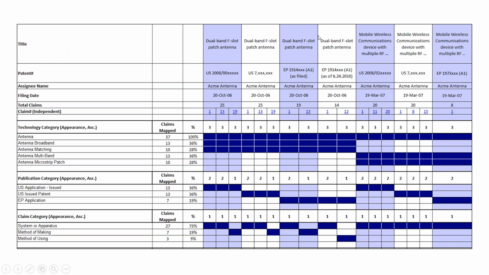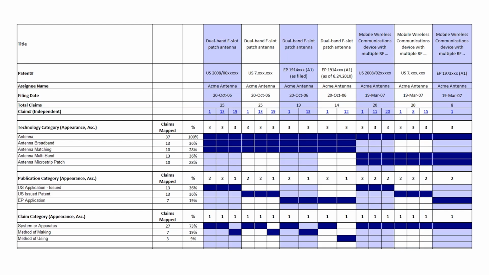All right, so let's take a look at some specific examples of that kind of broad level claim analysis. For introduction purposes, this is a claim chart of broadband and other types of antennas, along the line of cell phones.